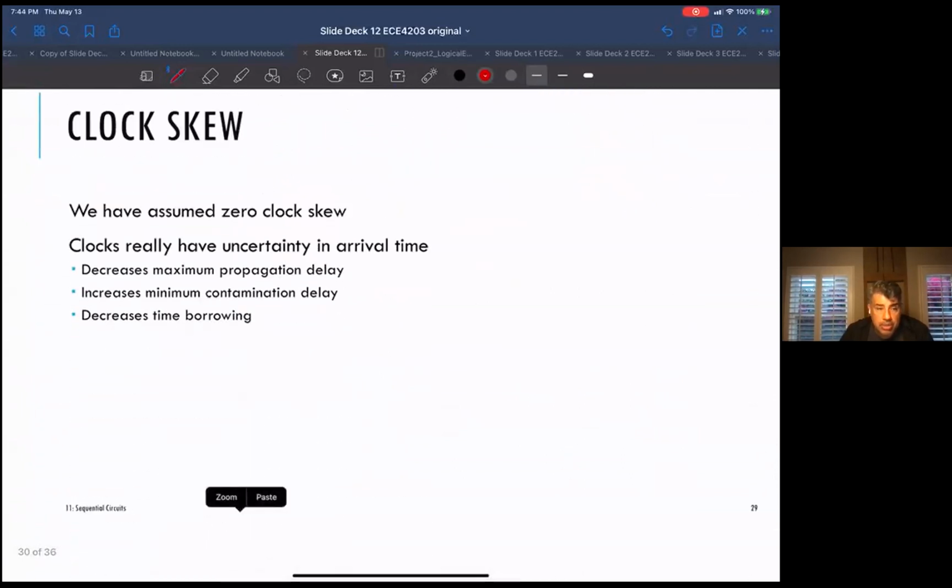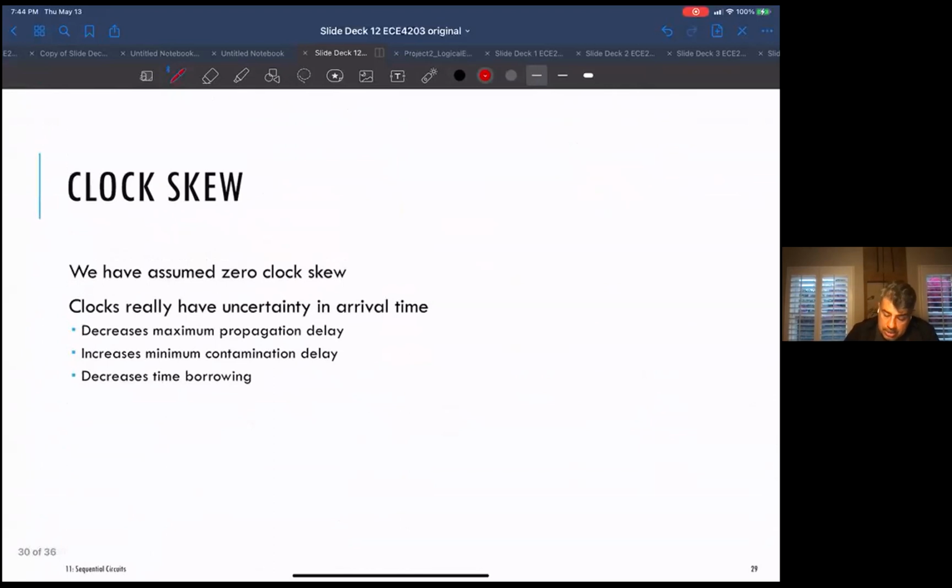Okay, so now we're going to talk about clock skew, which kind of gets important. The clock skew is the uncertainty in the arrival time of a clock. What does that uncertainty mean? If you actually look at a physical clock on a chip, you'll see two types of uncertainty.